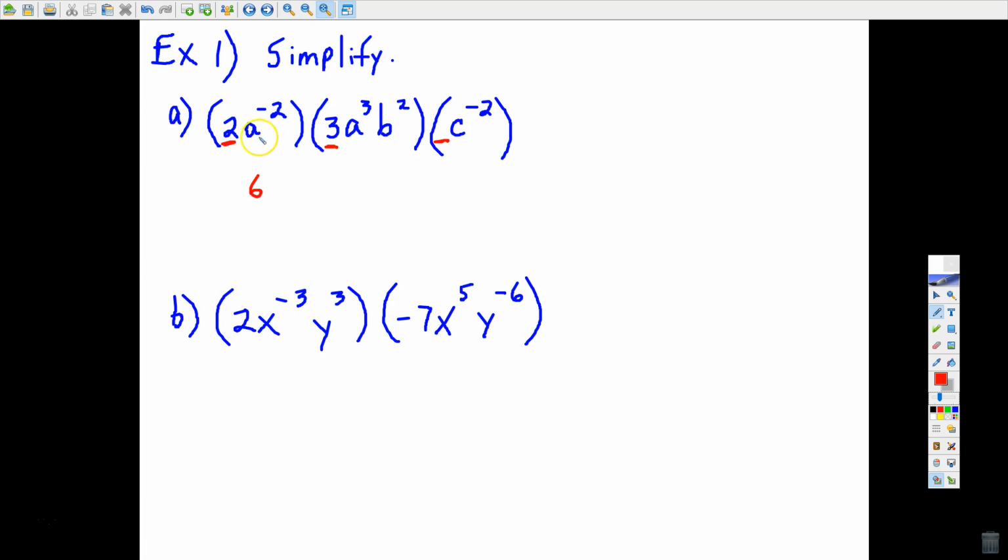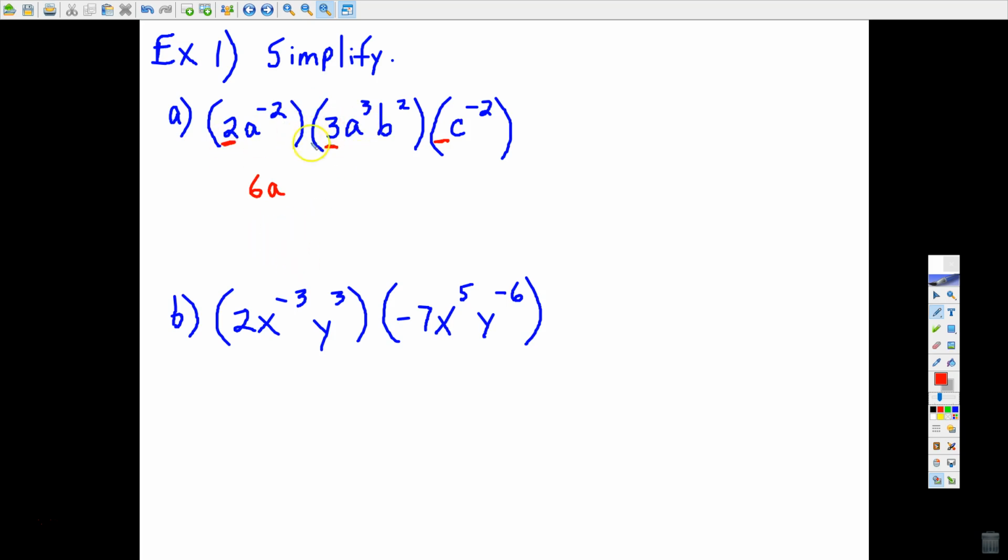Now I'm multiplying, so I remember that rule that says if I'm multiplying like bases, which I have here, I have a to the -2 and a to the third, then multiplication of like bases means I write the base, and then I just add the exponents together.